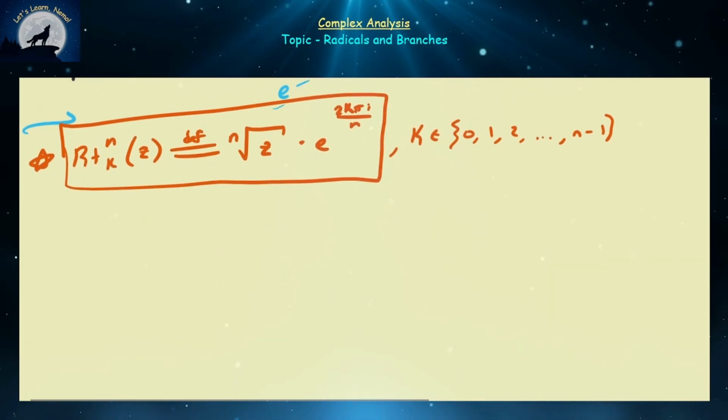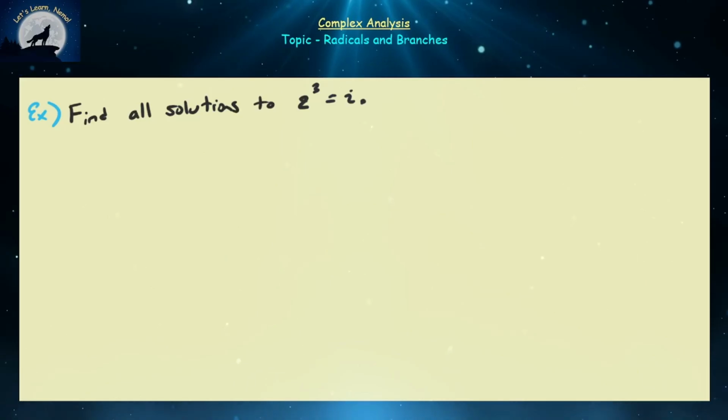So now let's actually do an example of this just to make sure we understand how to work with it. Let's see if we can solve polynomial equations in the realm of the complex plane. In particular, let's use this example, z cubed is equal to i, and see if we can find all solutions that satisfy it.